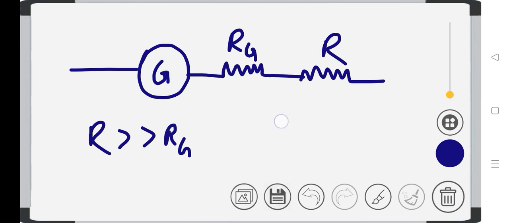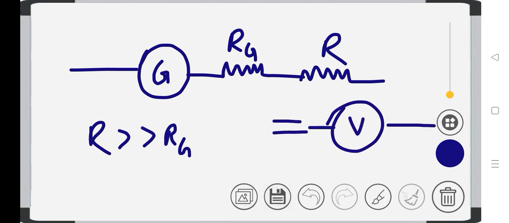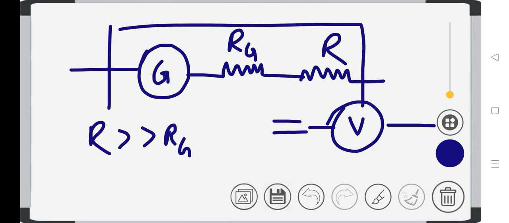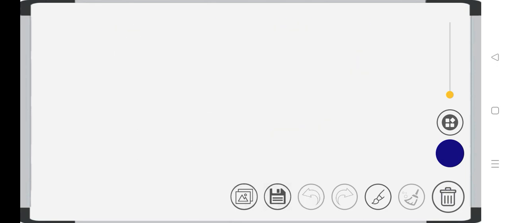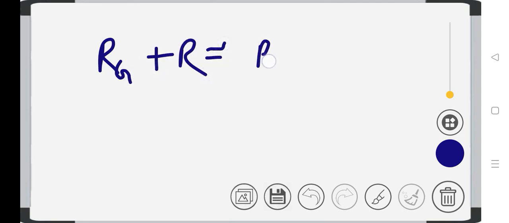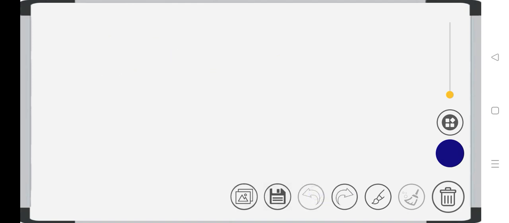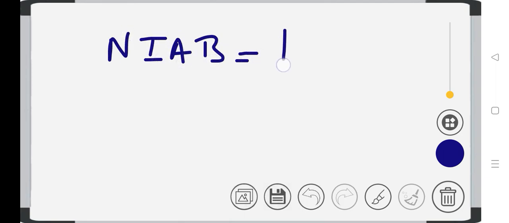Then we get a voltmeter. Here Rg plus R is approximately equal to R, as Rg is very small compared to capital R. And already we have NIAB equals K phi.